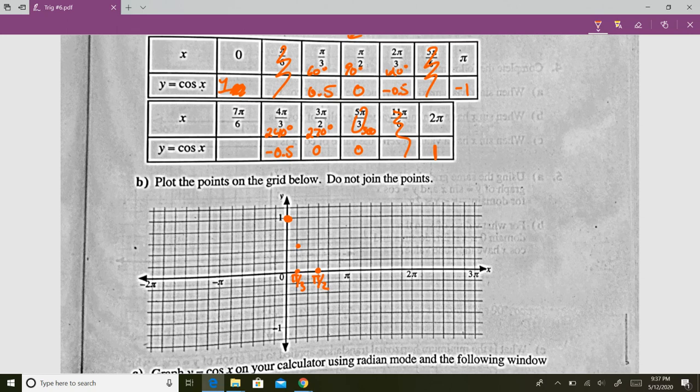Pi over 2, 2 pi over 3, we're going to go to negative 0.5, or we're just going to plot the nice easy ones. Pi gives me negative 1. 3 pi over 2 gives me 0, so 3 pi over 2 is right there. Gives me 0, and 2 pi gives me 1. So the graph of a cosine starts at 1, down. I'm just skipping that one.